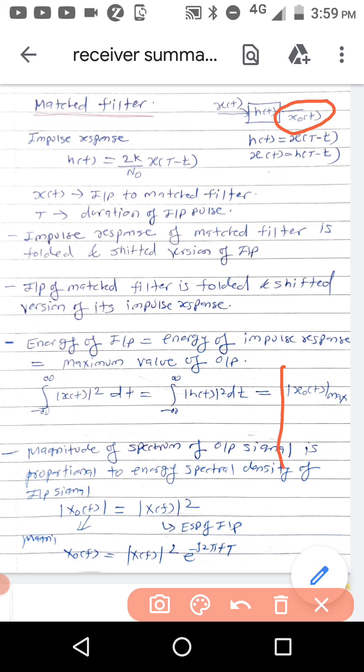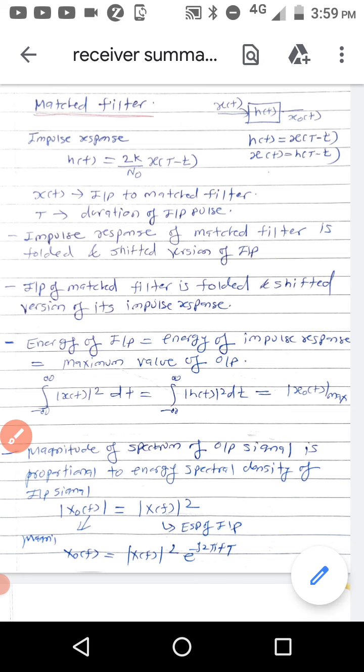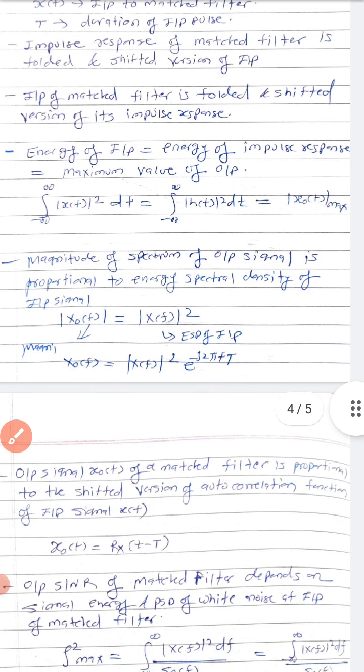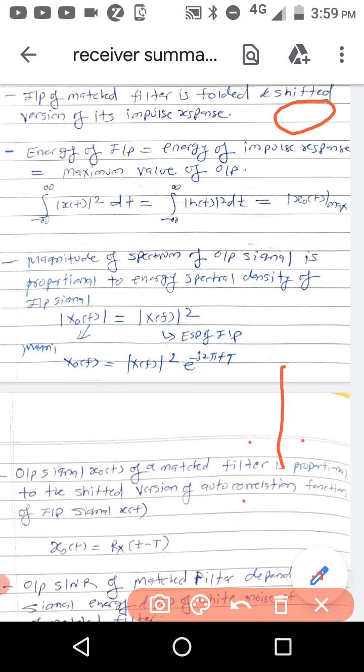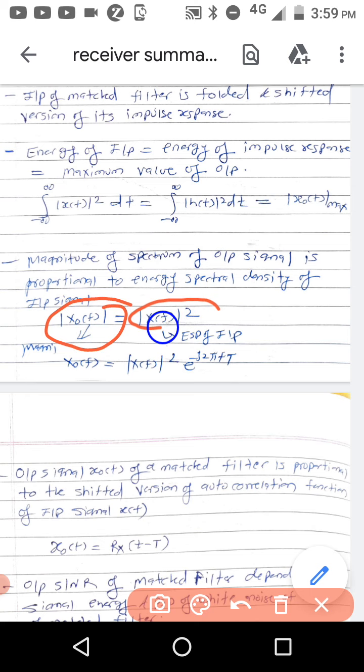Next is magnitude of spectrum of output signal is proportional to ESD of the input signal. So this is magnitude of output spectrum. X0(f) is the Fourier transform of x0(t), and this mod X(f) square is ESD of input. Why ESD? Why not PSD?